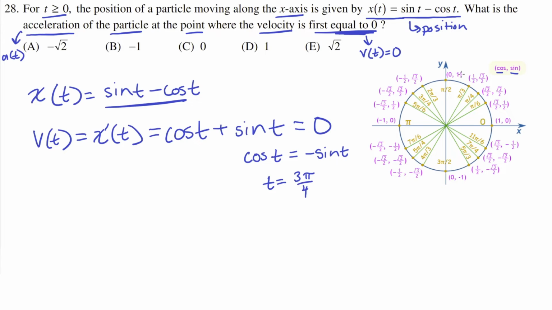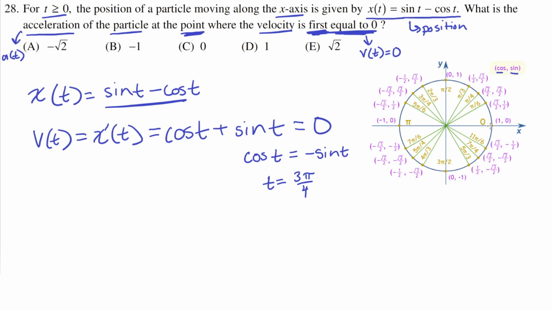Now obviously you could keep going around the circle, and you could even just add another 2 pi to this angle here, or go into the fourth quadrant and use 7 pi by 4. But the question asked us for the point where the velocity is first equal to 0, meaning the smallest value of t where this is first true.